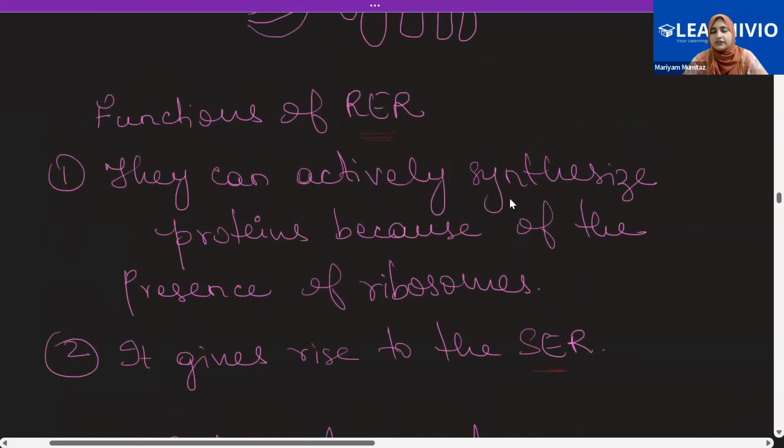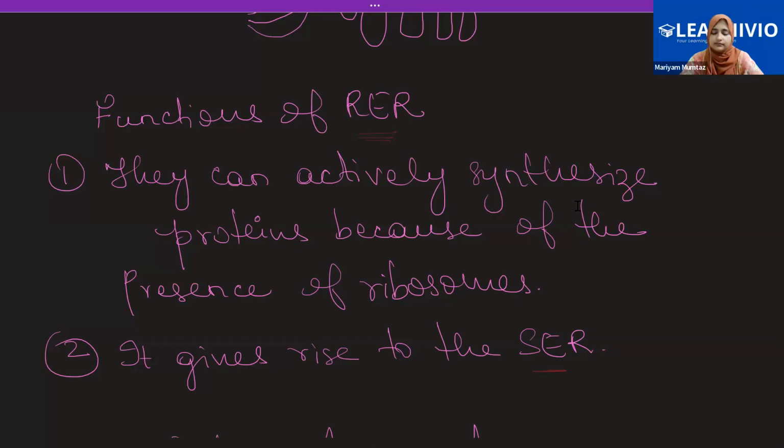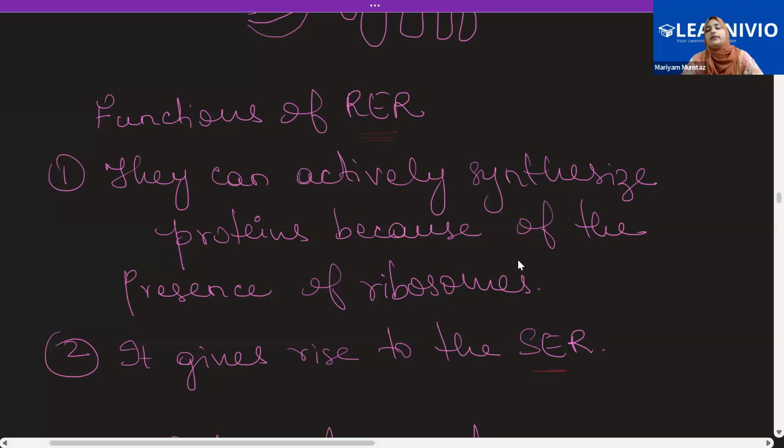Talking about its functions, because they have ribosomes, they will make proteins, and secondly, they will give rise to the smooth endoplasmic reticulum. Are the different functions clear, students? Yes, ma'am.